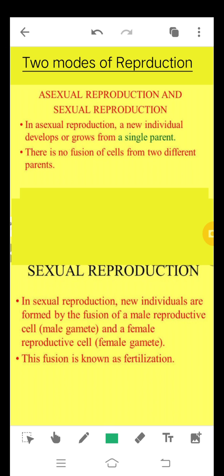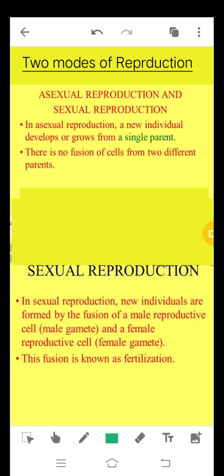Whereas in sexual reproduction, new individuals are formed by the fusion of a male reproductive cell, which is called male gamete, and a female reproductive cell, which is called female gamete. This fusion is known as fertilization.